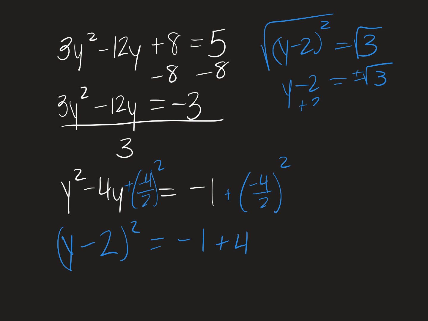And then add 2. So y equals 2 plus or minus the square root of 3. Obviously, you can't break 3 down. That's it. It's really not that hard. It starts off scarier looking than it really is.